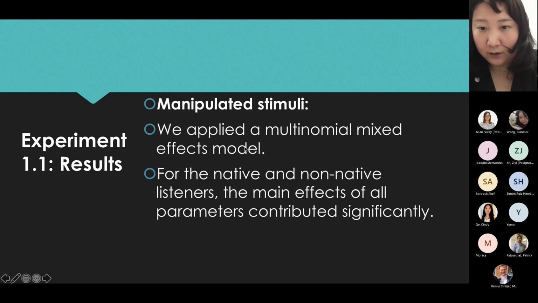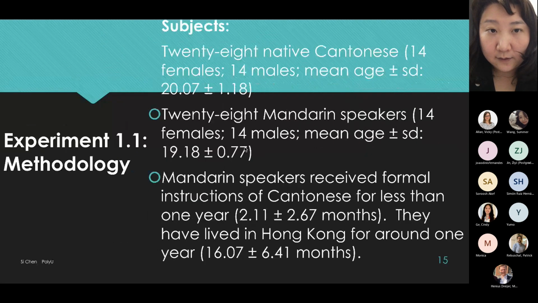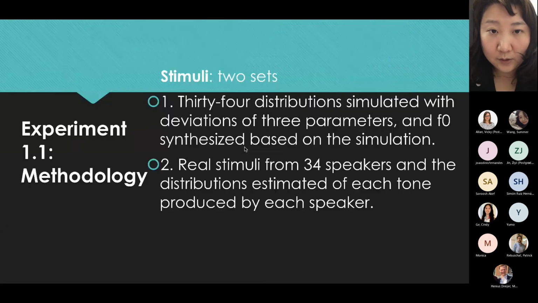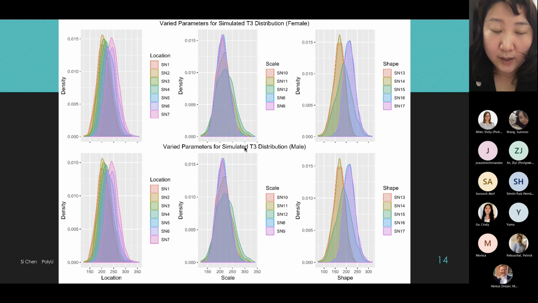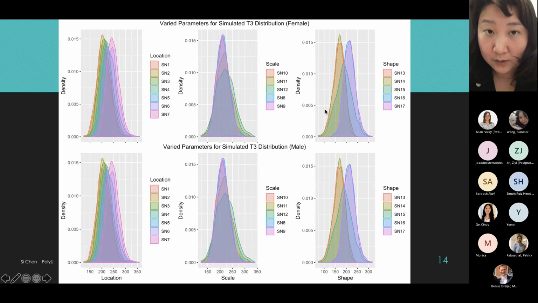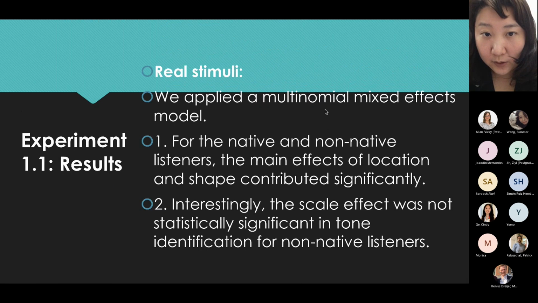Remember that we tried to manipulate the distributions. We tried to create different simulated distributions by varying the location, scale, and shape parameters. So we also analyzed that experiment.